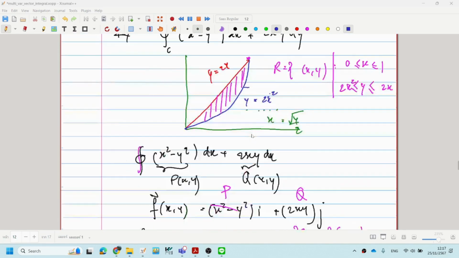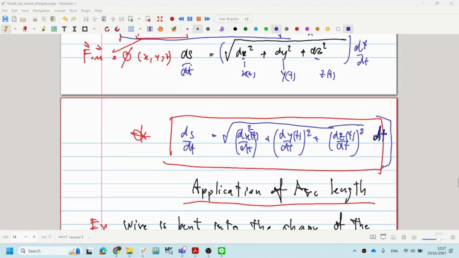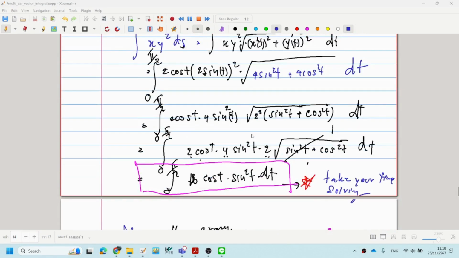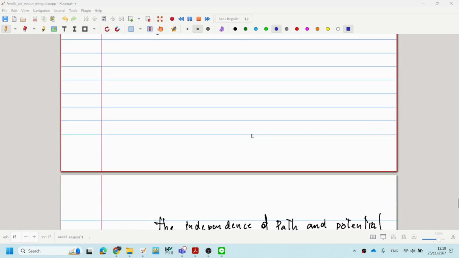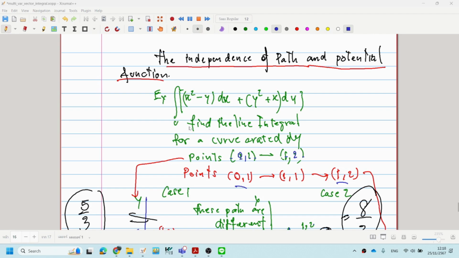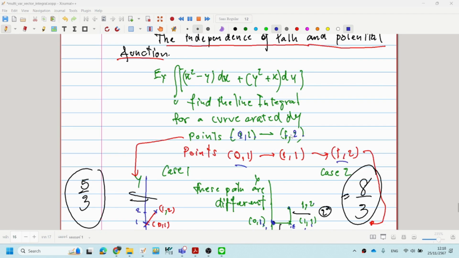Going back to the new topic I'm going to teach you now. This is the point from the previous example: 0, 1 and 1, 2, x1, y1, x2, y2.